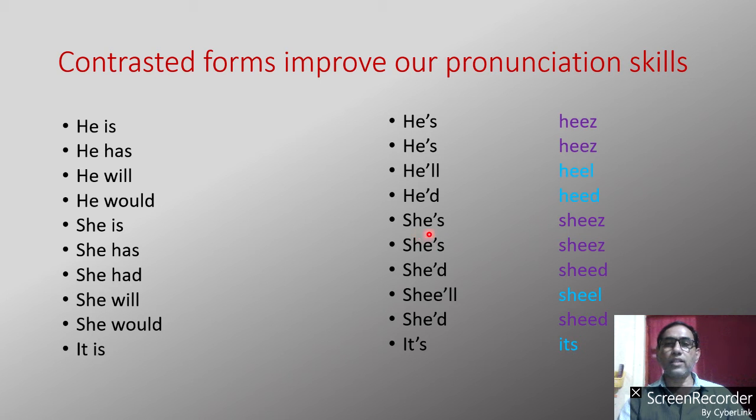Next, she is, she's; she has, she apostrophe s, she's; she had, she apostrophe d, she'd; she will, she apostrophe ll, she'll. Next, she would, she apostrophe d, pronounced as she'd. Next, it is, it apostrophe s, we pronounce it as it's.